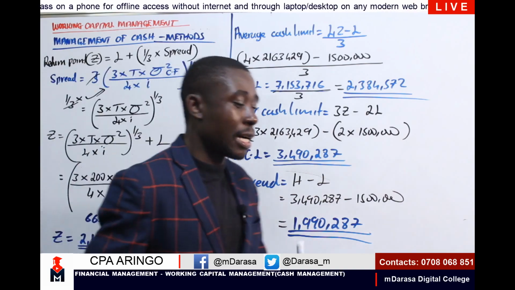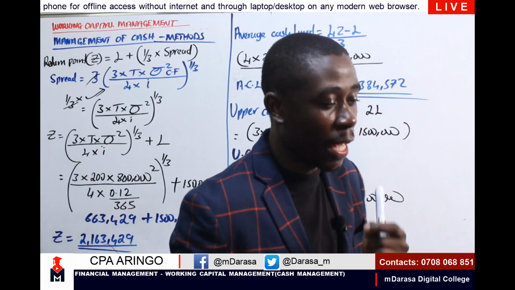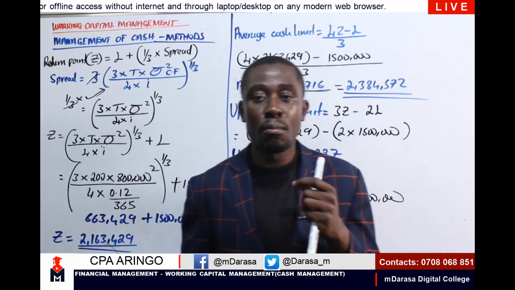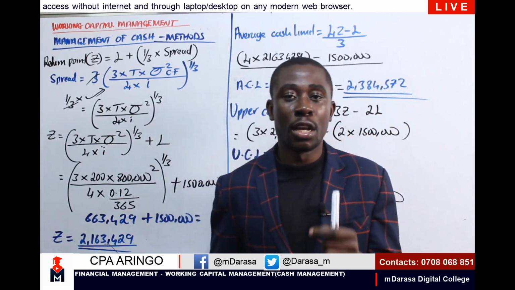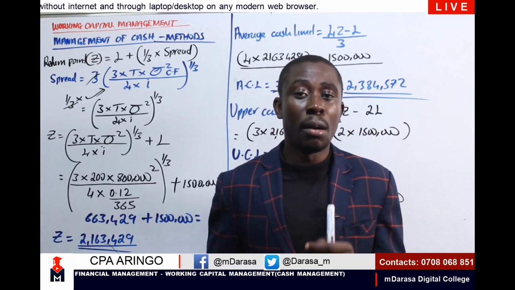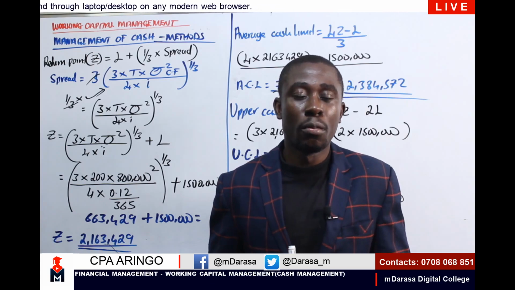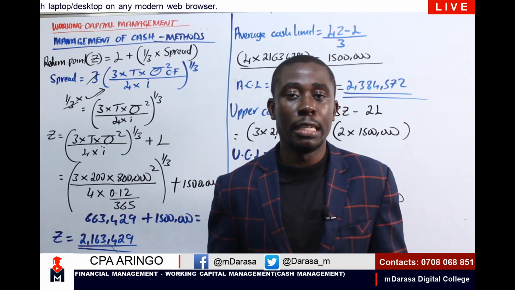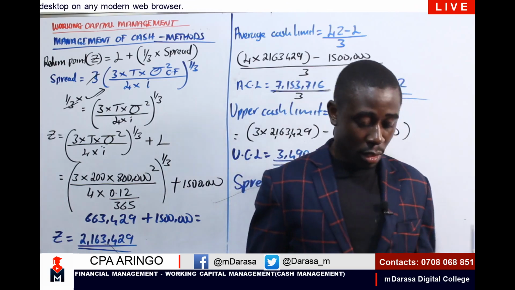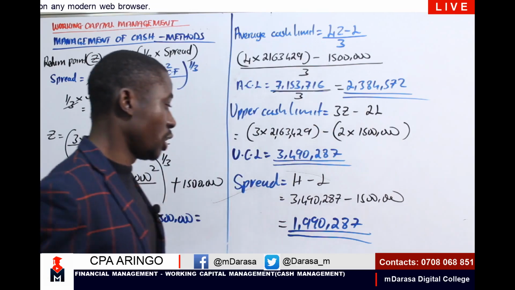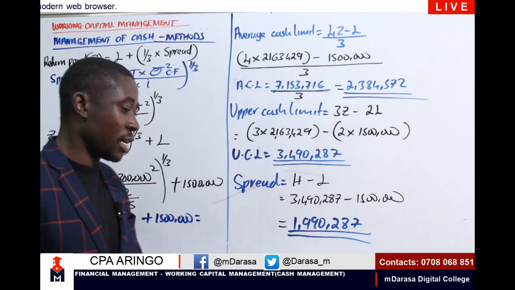Also, at this point, I want you to go and look at the Baumol cash management model. Remember, the concept was borrowed from economic order quantity, EOQ, which we have done videos on.